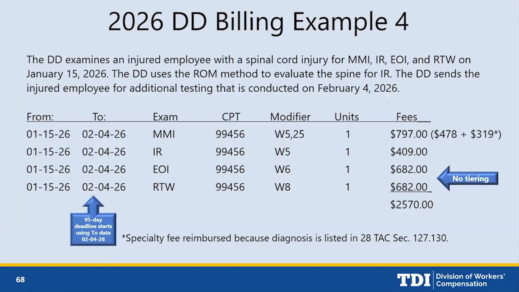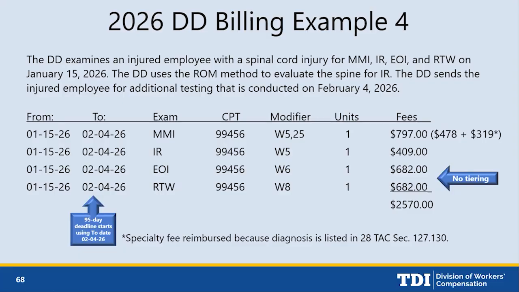The injured employee was examined with a spinal cord injury, and we were requested to evaluate maximum medical improvement, impairment rating, extent of injury, and return to work. So the designated doctor, let's just say that they used the range of motion model.